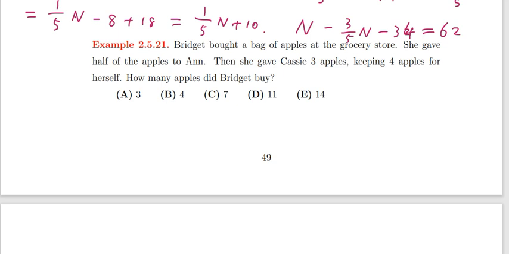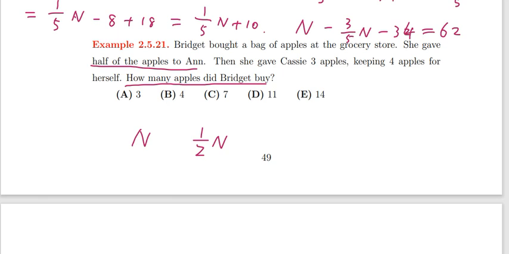So this problem is quite the same. We want to find how many total. So let's say this guy bought a bag of apples at the grocery store. He gave half to a friend. So suppose the total is A. So half is 1 over 2 A. So he gave half.